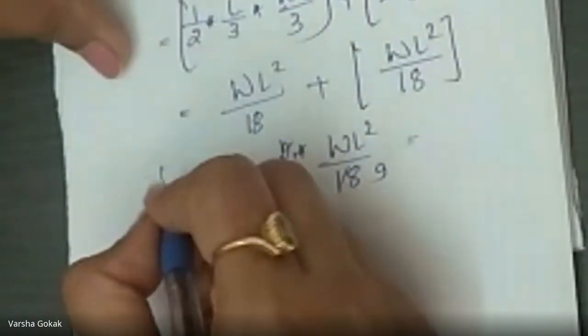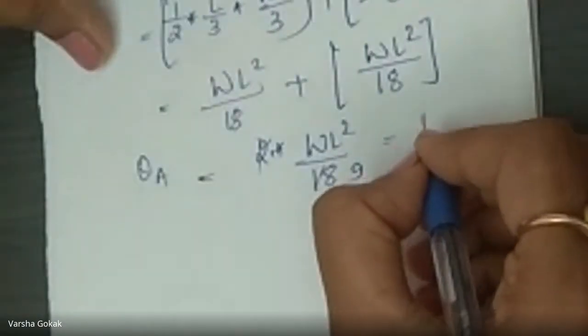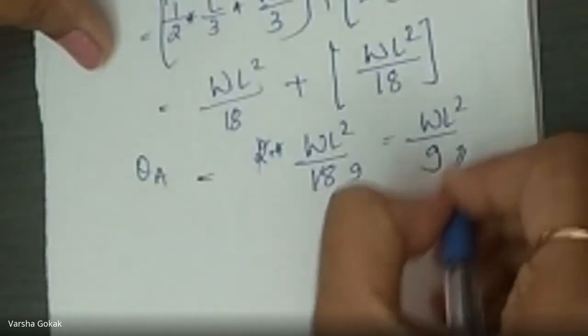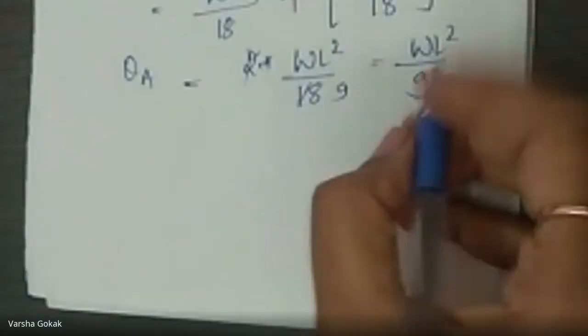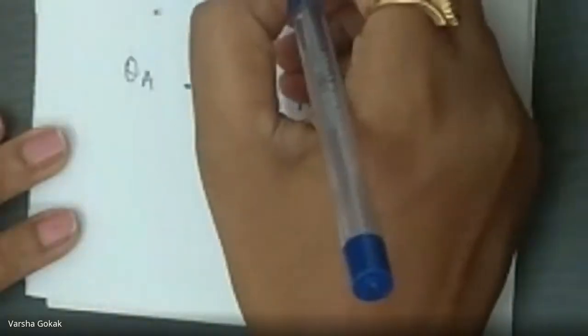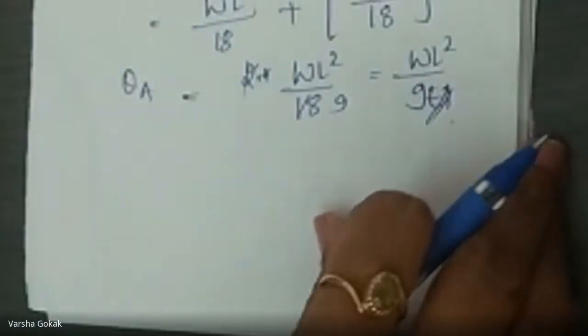So we are left with theta A as WL square by 9. Clear? Theta A, that is slope, rotation at A is WL square by 9 EI. I miss out EI always. So here everywhere EI should come up. Clear? So this is about the slope at A.